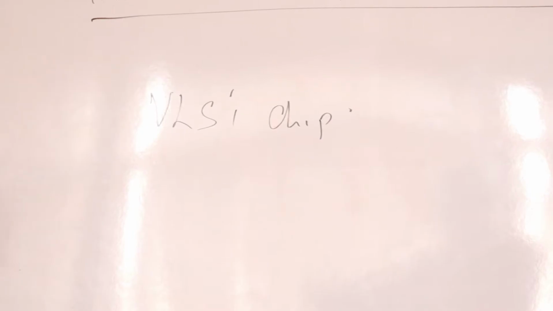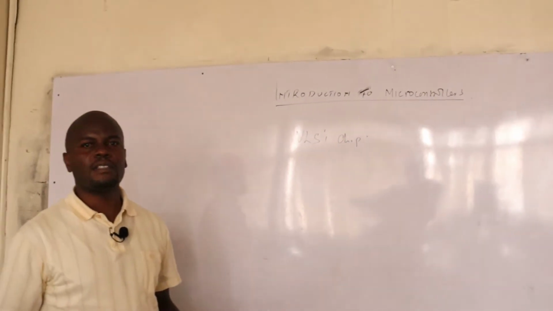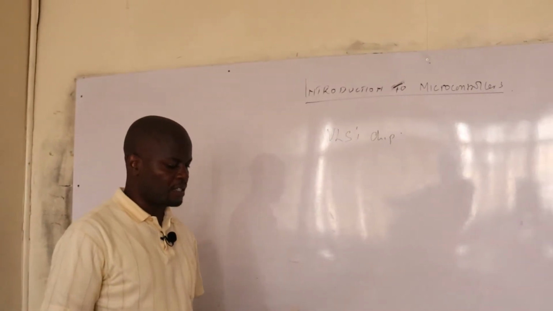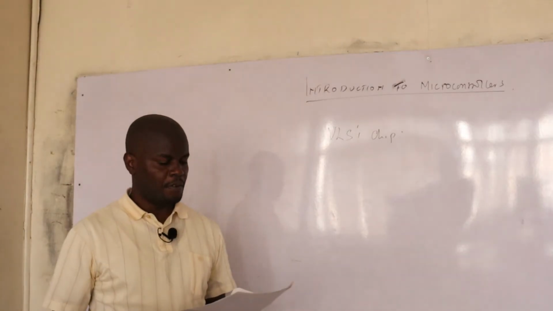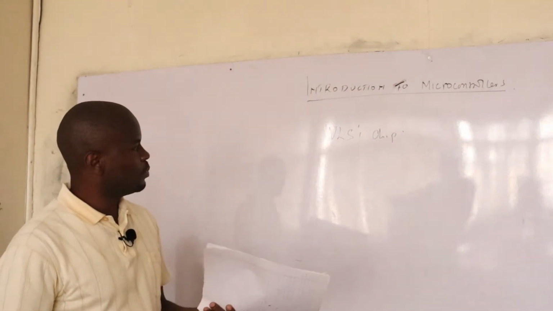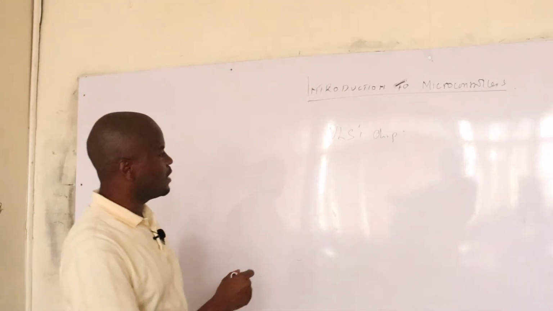Basically, a microcontroller usually contains all the things that a microprocessor has, plus one or more. If you are to define what a microcontroller is, there are three things that you must look at.